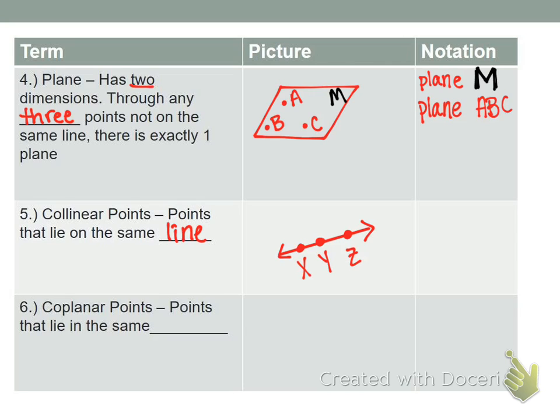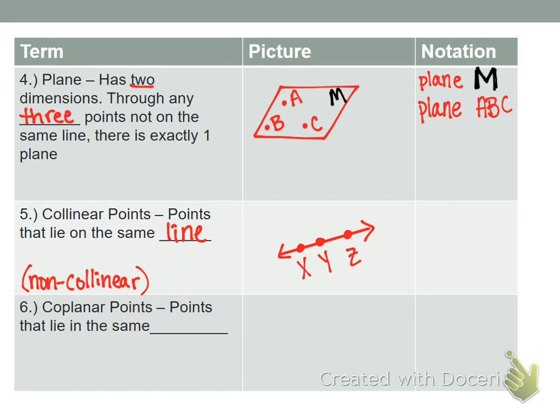Any amount of points that are on the same line are collinear. I don't believe the definition is explicitly in our notes, but non-collinear, you might guess, means that they are not on the same line. So if you want to make a note of the word non-collinear, you can. That just means they are not on the same line. The antonym, I suppose we would say.